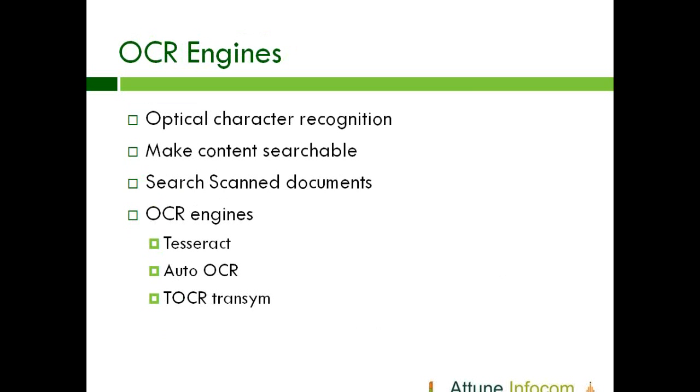For our Alfresco ECM, we have three most used OCR engines. First is Tesseract, then Auto OCR, TOCR, Transym. We'll take Tesseract for this webinar because it is open source and easy to integrate with your Alfresco ECM.